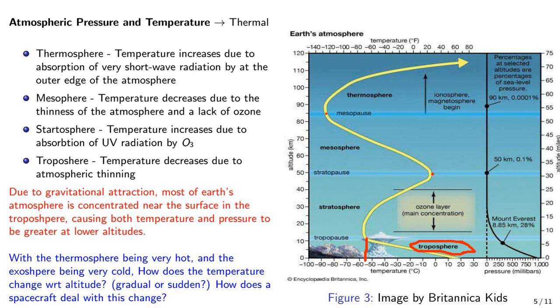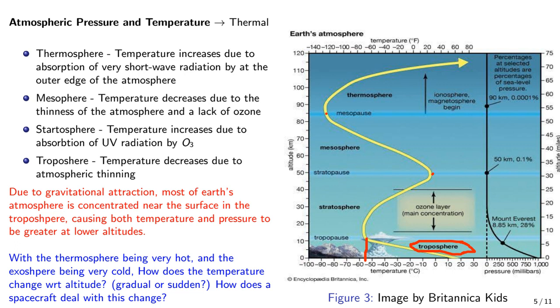The moment you go into the exosphere, your temperature continues to increase suddenly like this. Then you can think about the effect that all of these temperature changes will have on your spacecraft. It's something engineers should think about when they're doing rocket launching or going for a space mission.